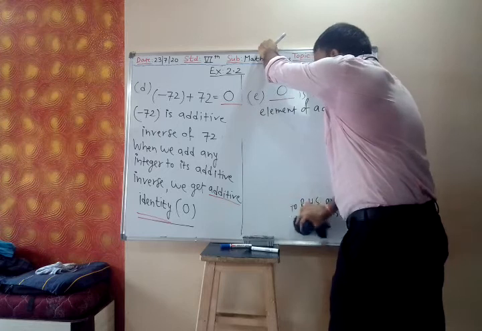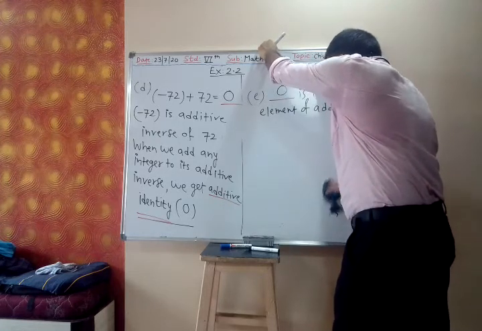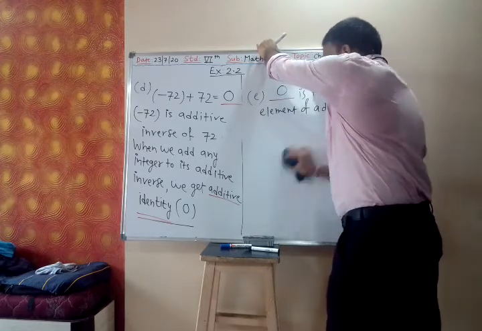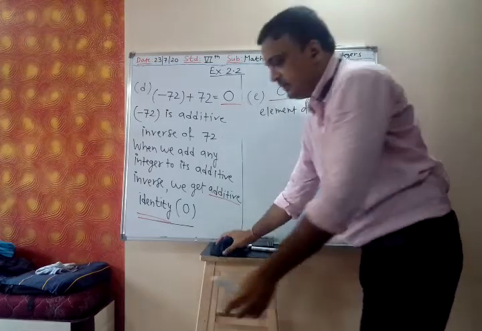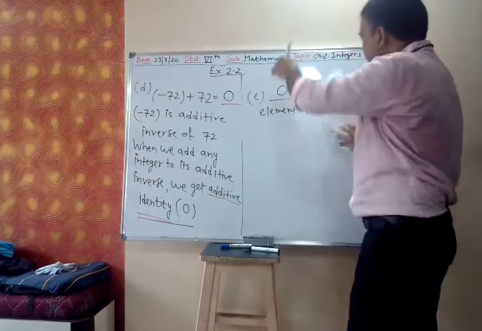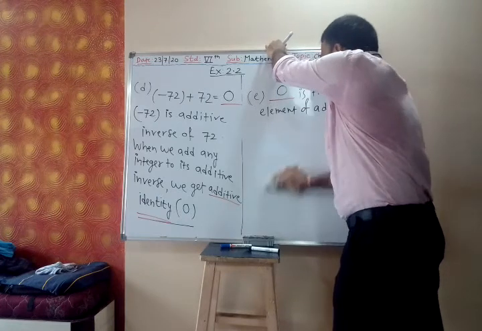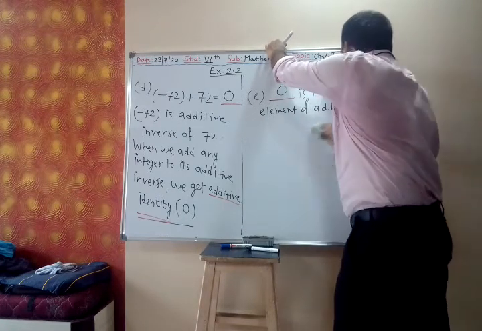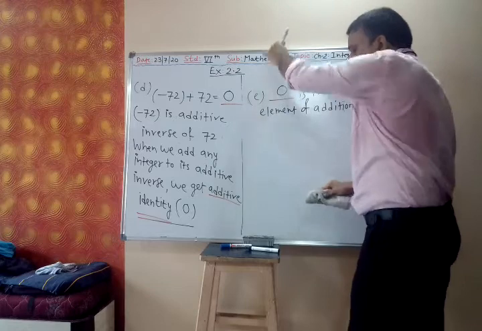That means 0 is the identity element. It means whenever you add 0 to any integer, you get the same integer.